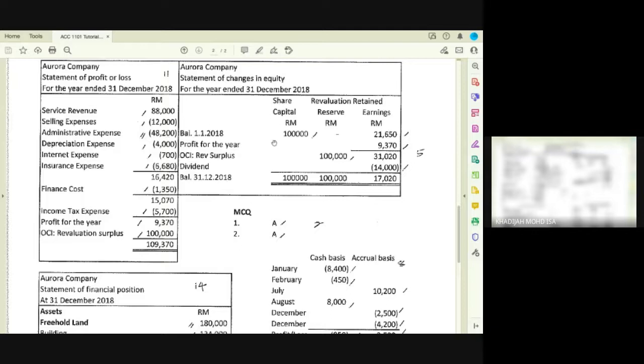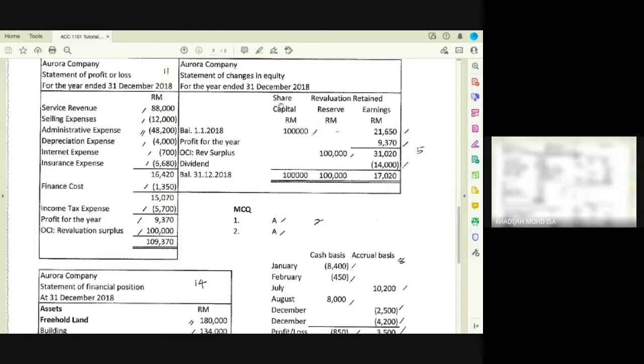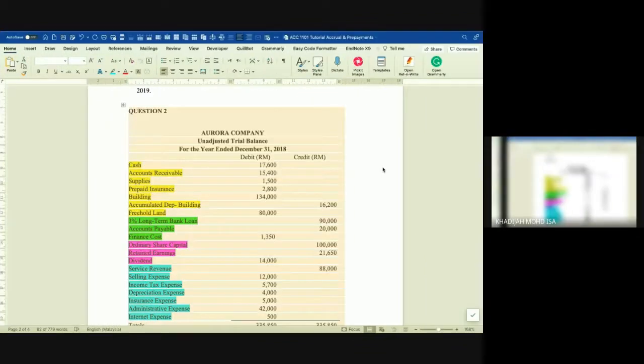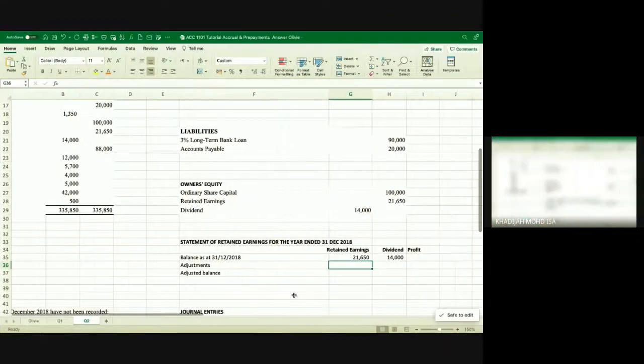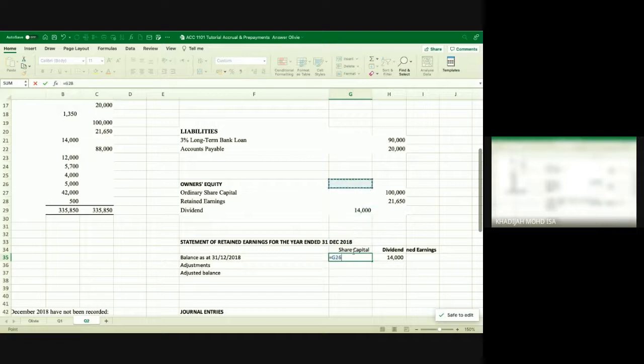I want to see the statement of changes. So you have the share capital, revaluation reserve, and your retained earnings. And then you have surplus, you have dividend. Okay, let's do it together. Share capital, command X here, command V. So here is share capital, plus 100,000. And then you have dividend.